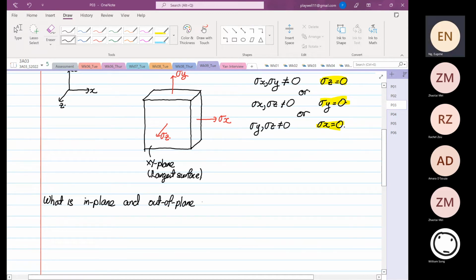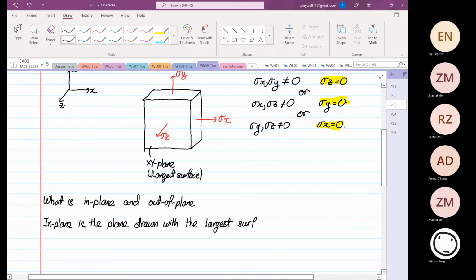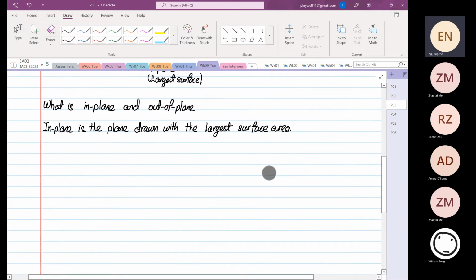So in plane or out of plane, okay, so in plane is the plane drawn with the largest surface area. Okay, so what do we mean by that?